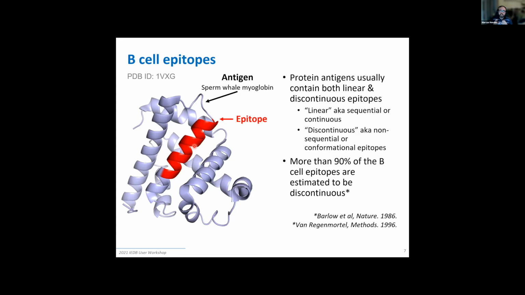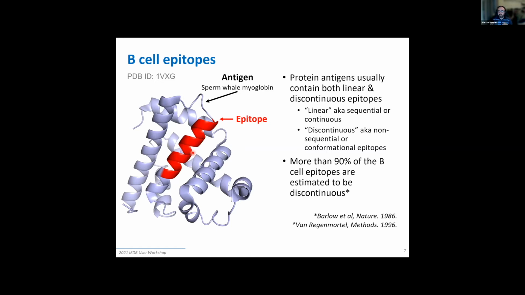The residue from the antigen needs to be exposed, accessible to the antibody. Because if the amino acid is buried, the antibody cannot reach it, so this amino acid cannot interact with the antibody. You only know this if you know the conformation data from your protein.